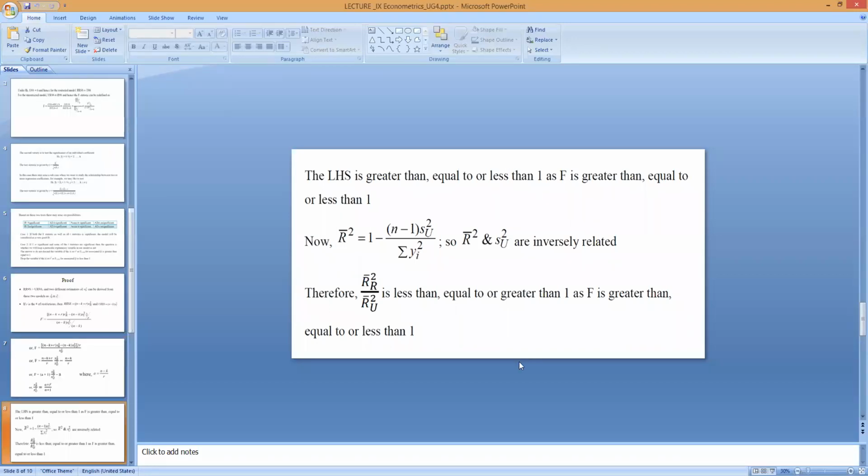Since there is an inverse relationship between A square and R bar square, we are rewriting the proposition as RR bar square by RU bar square is less than, equal to, or greater than 1 as F is greater than, equal to, or less than 1. Tell me whether you are understanding or not.